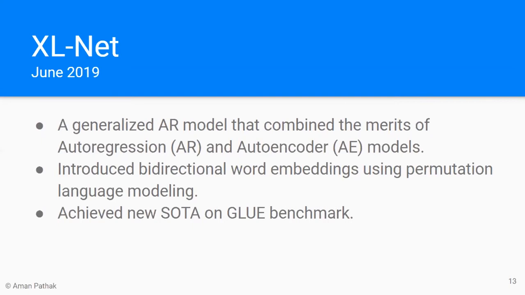Also, XLNet's two-stream self-attention architecture produces two kinds of token representation instead of one, which is what the vanilla transformer has. The content representation is the same as in the vanilla transformer, and is used when you predict the content for the other tokens.